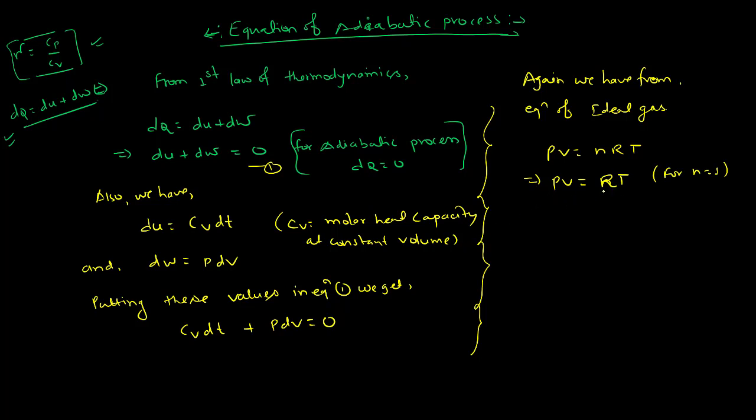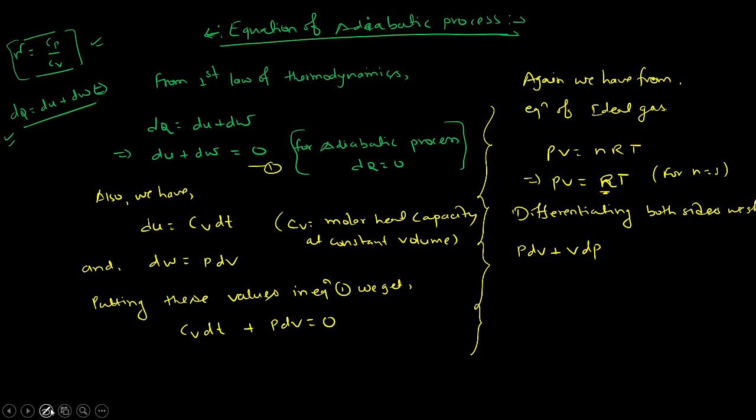This is for molar. Now differentiating both sides, we get PdV plus VdP. This is the chain rule.